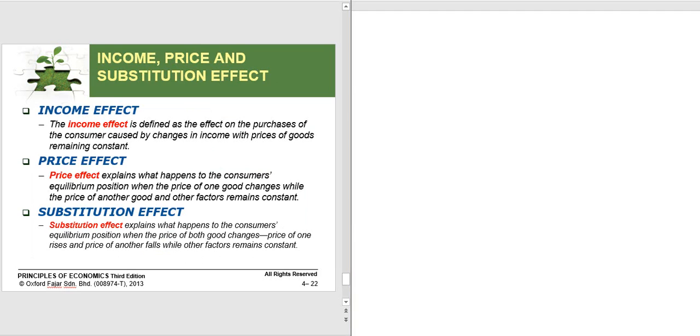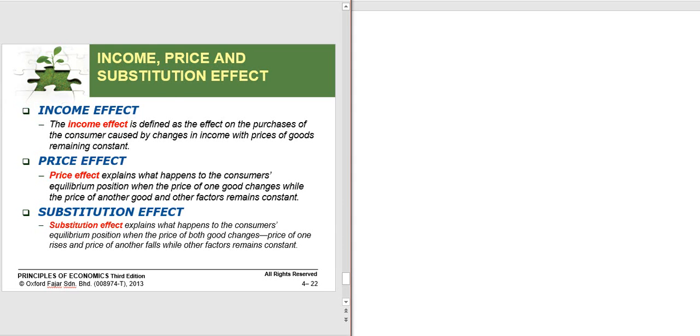This slide is actually explaining what I have already shown you just now. There are a few terms for these situations. When the budget line changes because of a change in income, the consumer equilibrium will change. That is explaining the income effect.